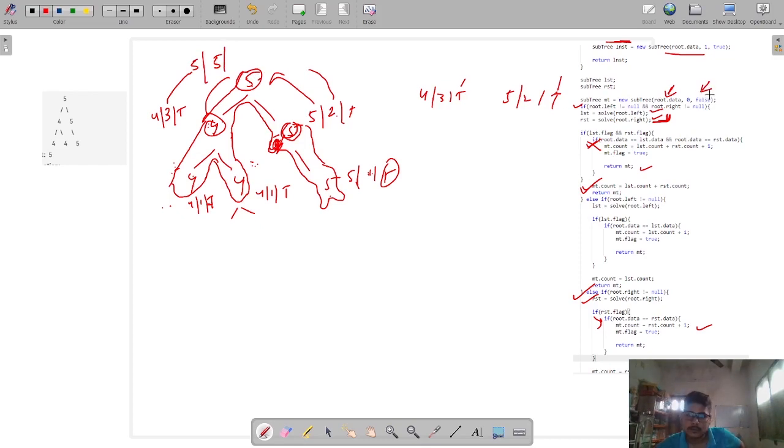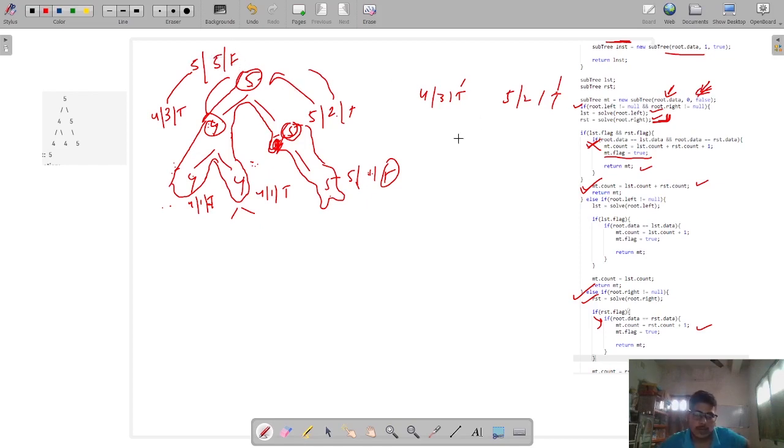So if my tree is a single node subtree, then this line will be executed and it will be true. But in this case this line is executed instead of this, so my tree is not a single node subtree, so I will return false here because it was false initially, it will not change.